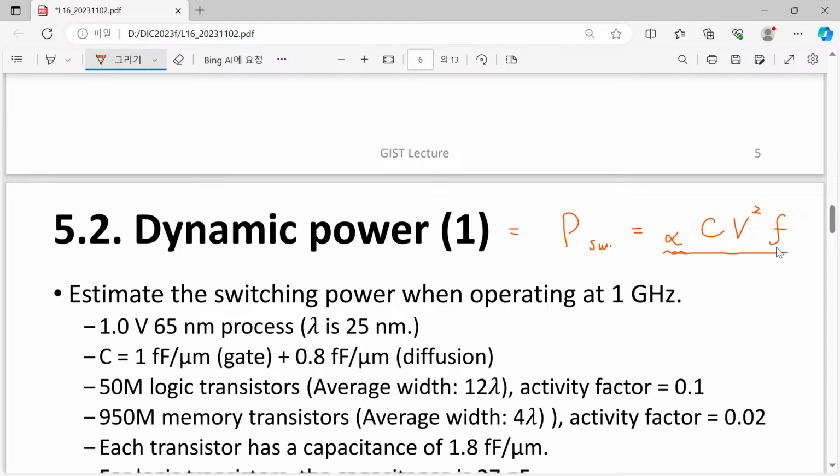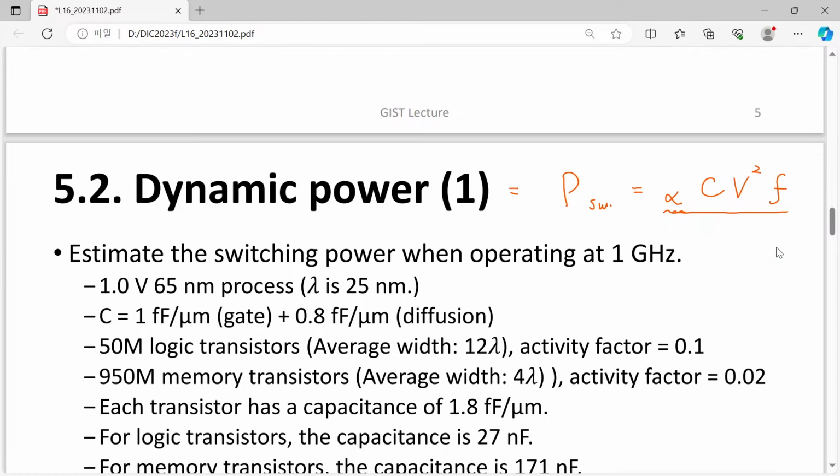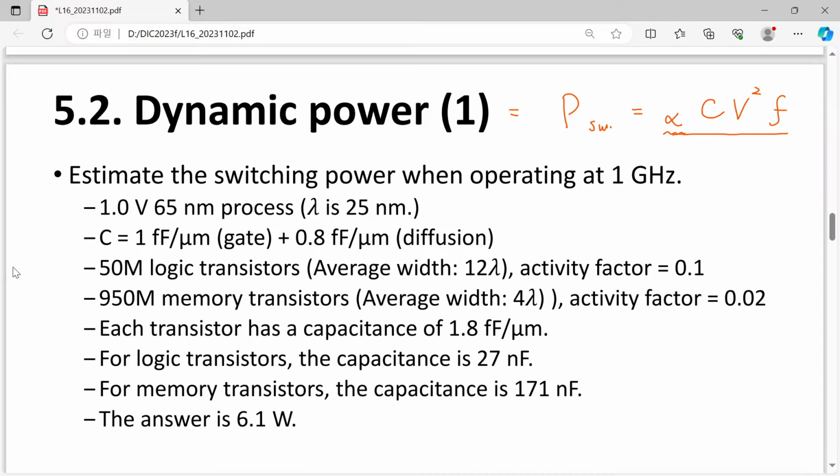So in this textbook example, we have just a 1 billion transistor system. In this 1 billion transistor system, we have 50 million logic transistors and 950 million memory transistors.